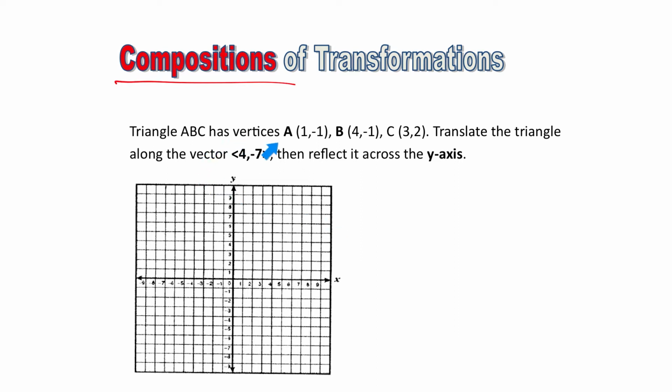So on this first one, we're going to do a translation, and then after that translation, we're going to do a reflection, okay? So first of all, let's go ahead and plot these 3 points. Plot A, B, and C on this grid. Let's make that triangle first.